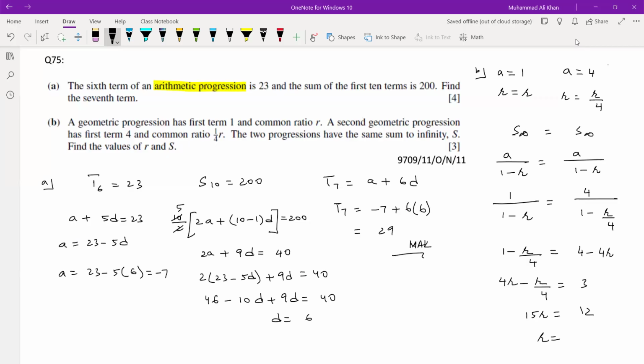And finally, 12 upon 15 will be 4 upon 5. The value of R is 4 upon 5. And the value of sum to infinity is a over 1 minus R. So the answer will be 5.